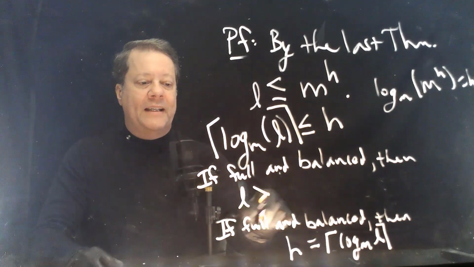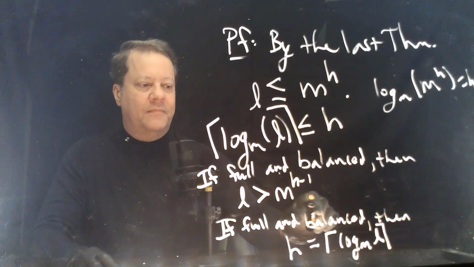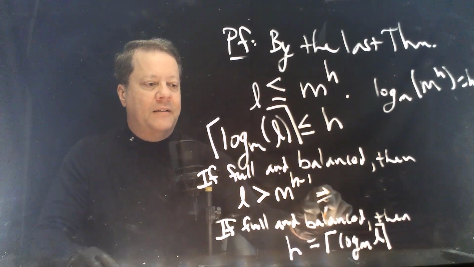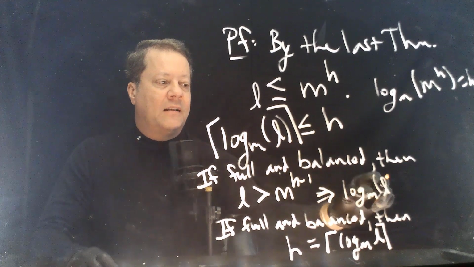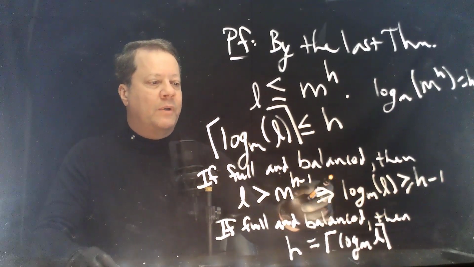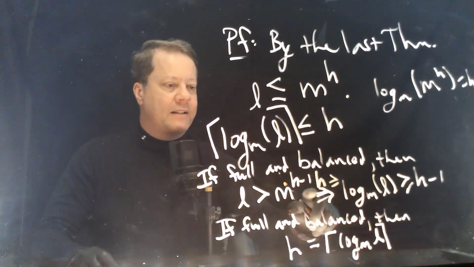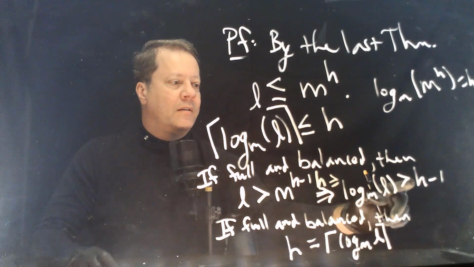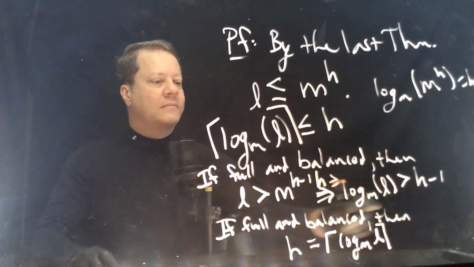Then L will be at least as big as m to the power of h minus 1. That implies then that log base m of L is bigger than or equal to h minus 1. We already have this as less than or equal to h, and I've got this inequality. This needs to be a strict inequality because this is a strict inequality.